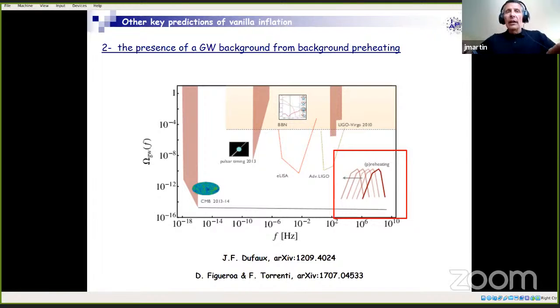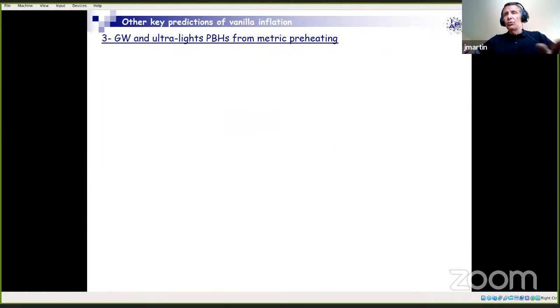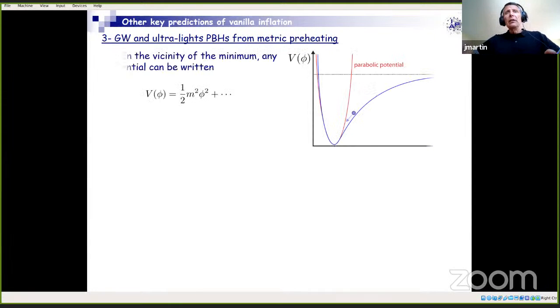In fact, and this is the last point that I would like to discuss here, we also have gravitational waves and primordial black holes from metric preheating. And maybe this allows me to say a little bit more about this non-perturbative effect during preheating. So before this was background preheating, now this is metric preheating, so the perturbations themselves.